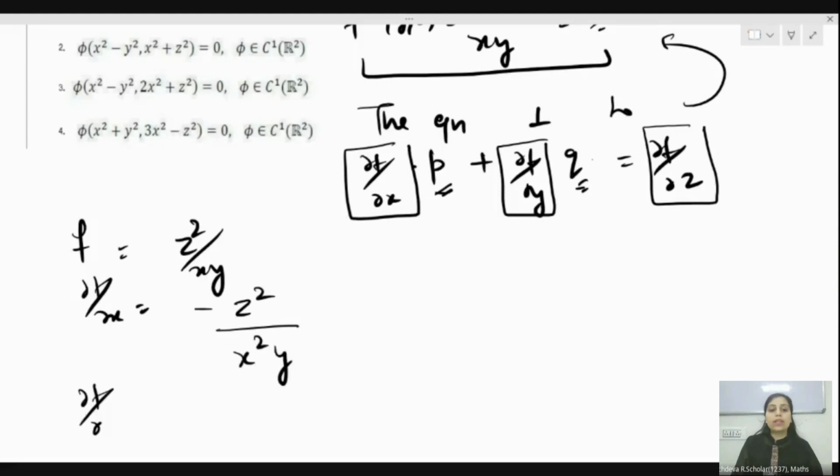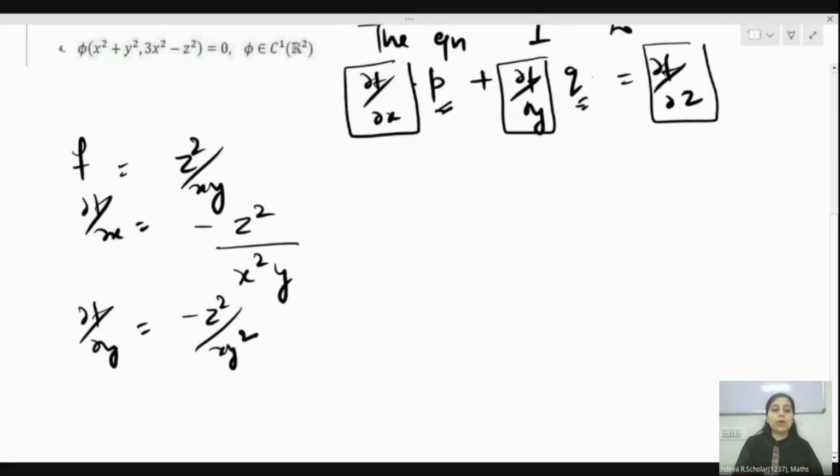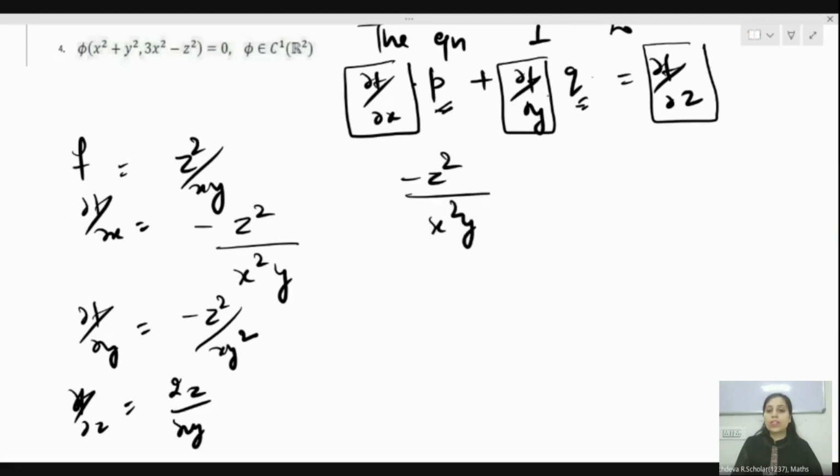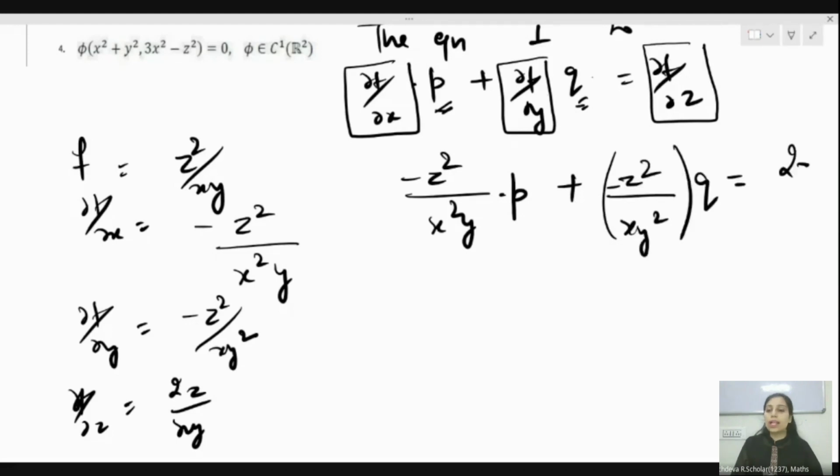Similarly, we can find curly f upon curly y is minus z square upon x y square, and also curly f upon curly z as 2z upon xy. Just simple partial derivatives. Substitute here, we get minus z square upon x square y into p plus curly f upon curly y, which is minus z square upon xy square, into q is equal to curly f upon curly z, that is 2z upon xy.